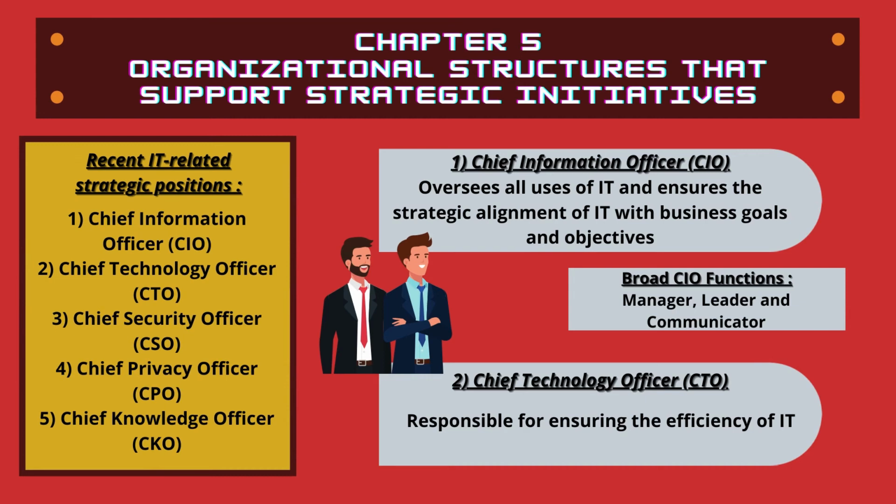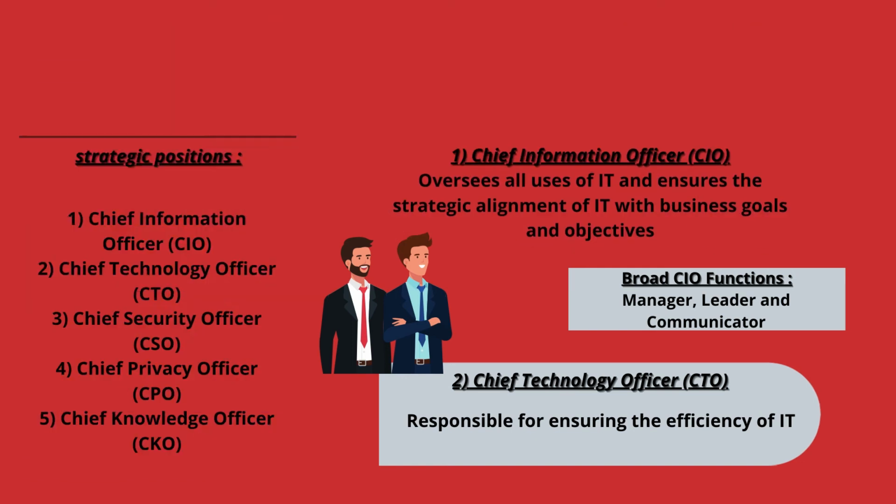The Chief Information Officer, CIO, oversees all use of IT and ensures the strategic alignment of IT with business goals and objectives. Broad CIO functions: manager, leader, and communicator. The Chief Technology Officer, CTO, is responsible for ensuring the efficiency of IT.